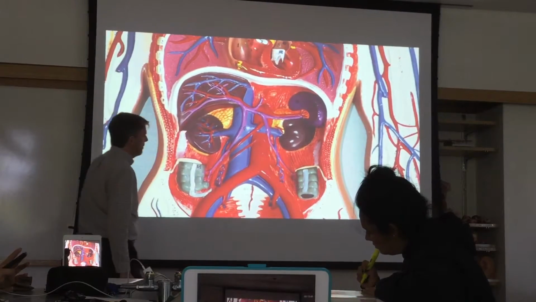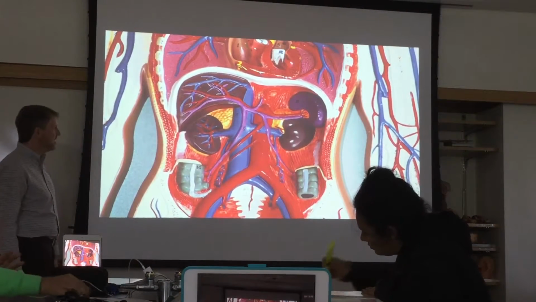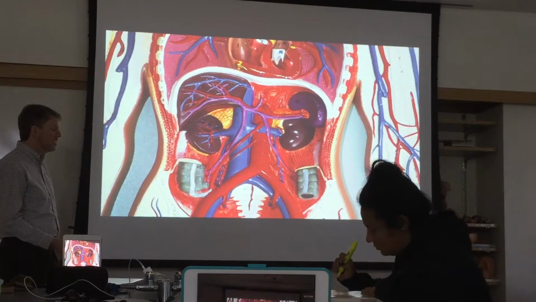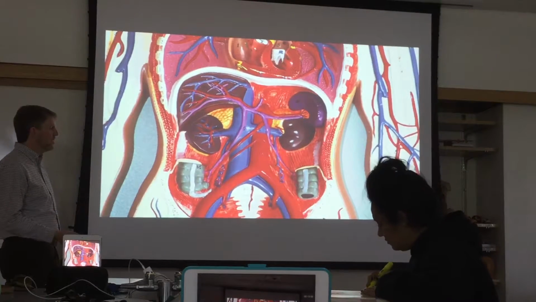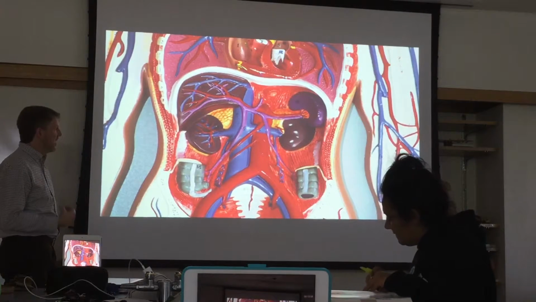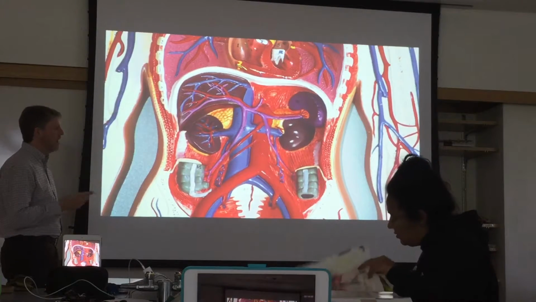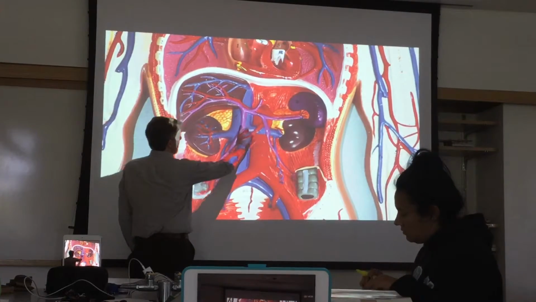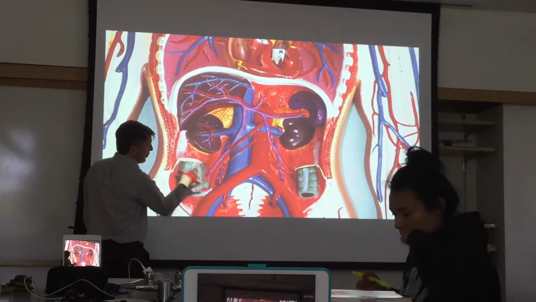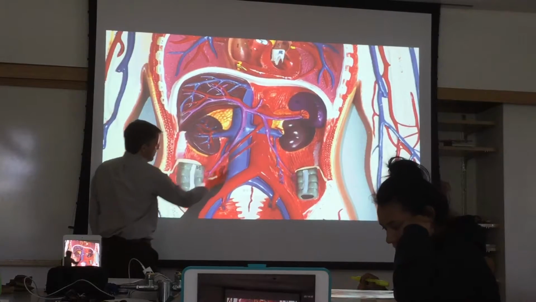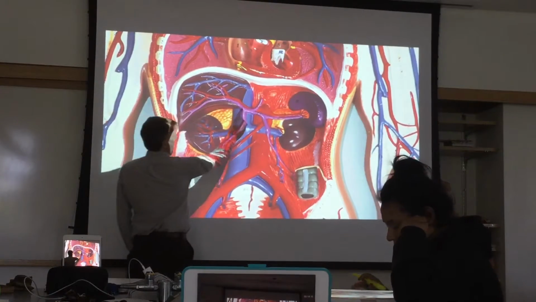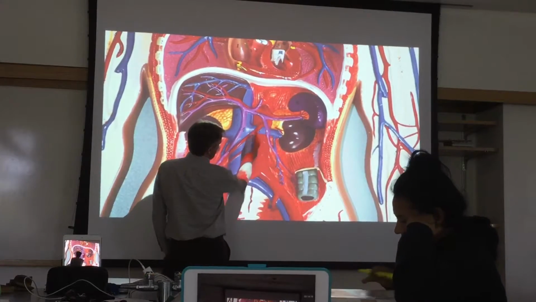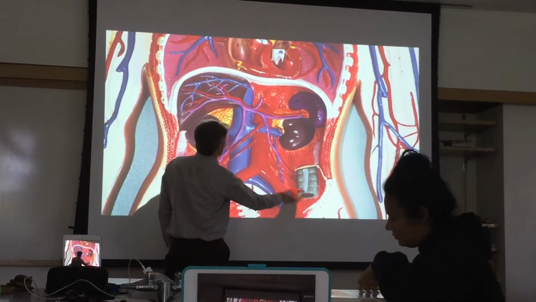Okay. Just like you had a superior mesenteric artery and an inferior mesenteric artery, you also have a superior mesenteric vein and an inferior mesenteric vein. So this is the superior mesenteric vein. You can see it's draining the region that was supplied by the superior mesenteric artery. And then here is your inferior mesenteric vein that's draining the area supplied by the inferior mesenteric artery.